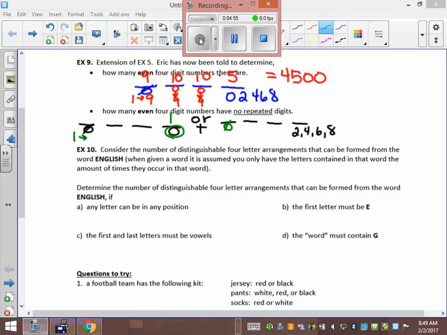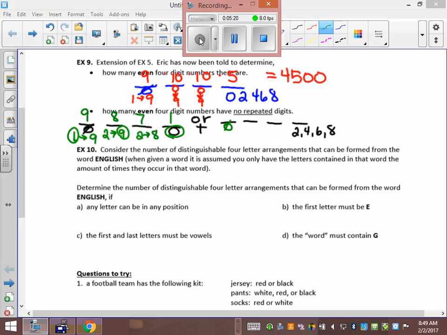I have the numbers 1 to 9 for this blank. So that's 9 options. But let's pretend I keep the 1 or 9 because they're not 0. So then for this blank, what do I have to remember? Can the 0 come back? No, because I used the 0, right? So now I have 2 to 9. So I have 8. Say I keep the 9 here, and I would have 2 to 8.